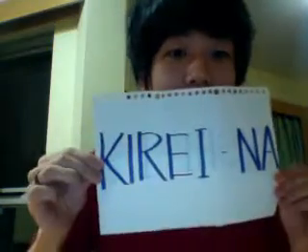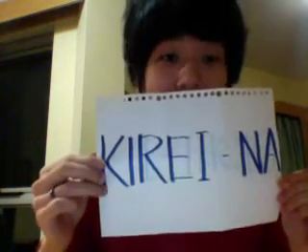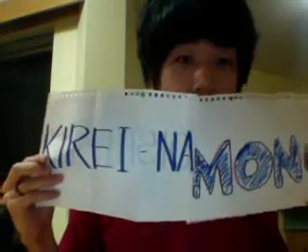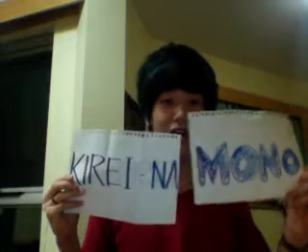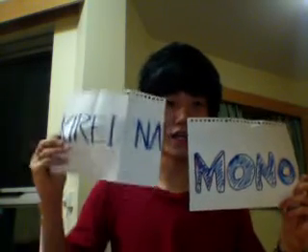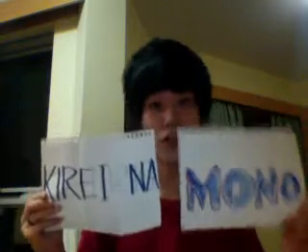If you want to say a beautiful thing in Japanese, you have to use an adjective which is equivalent to beautiful in English, and that is kirei na, okay? So if you want to make a sentence that means a beautiful thing, it would be kirei na mono, okay? Kirei na mono. So, beautiful thing.